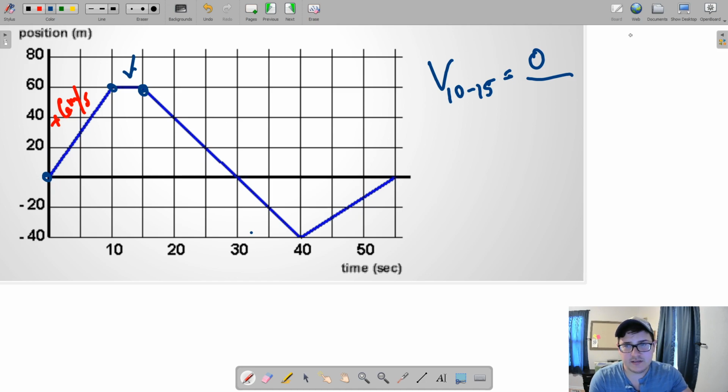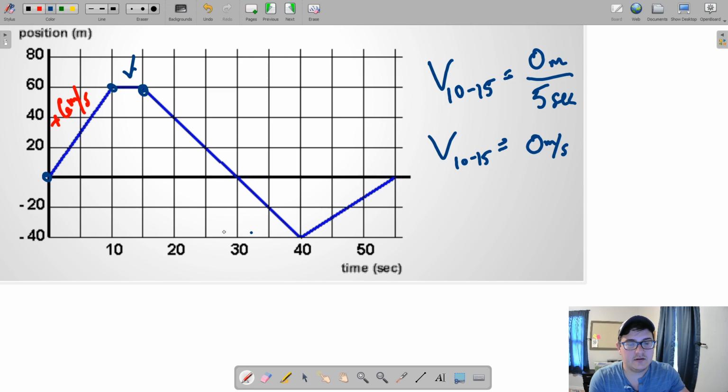The position is the same. So 0 meters over 5 seconds. And this gives me the velocity of the object right here is 0 meters per second. It is not moving, and we can say that really quickly because the slope right here is 0 as well. So let's go ahead and say the velocity here is 0 meters per second.